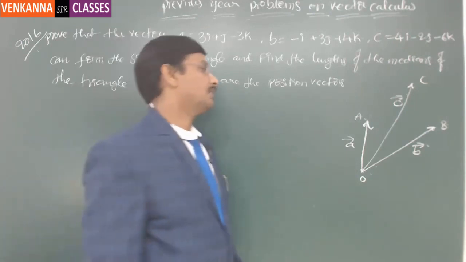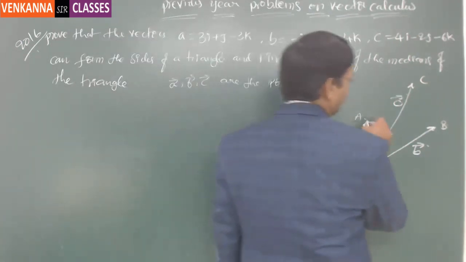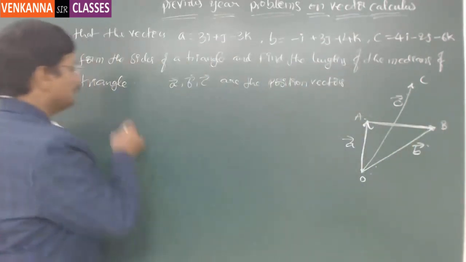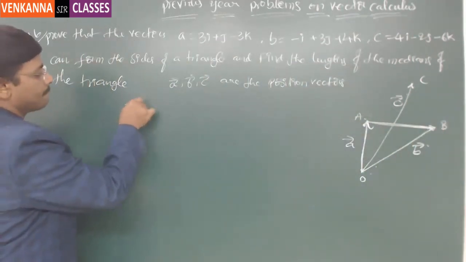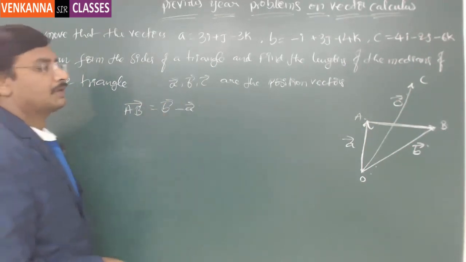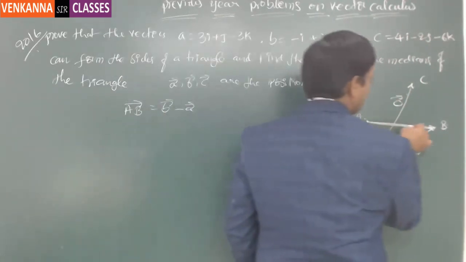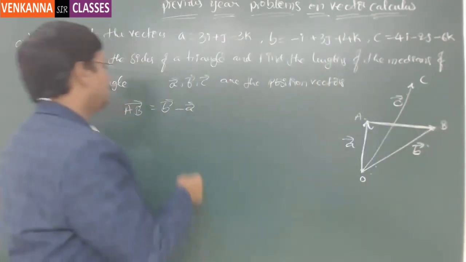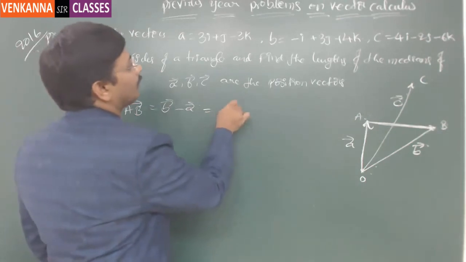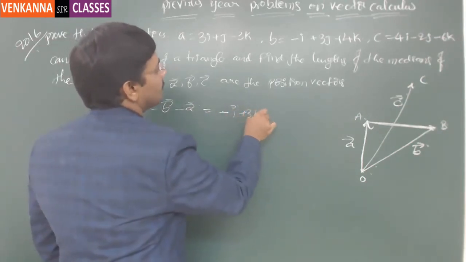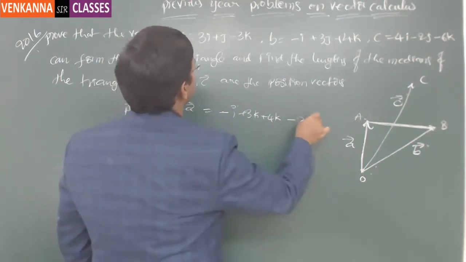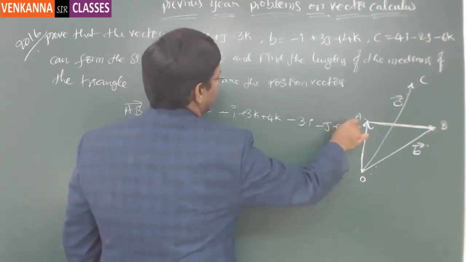Now if you want to find the vector AB, AB is equal to B minus A. So this value is going to be minus i plus 3j plus 4k minus 3i minus j plus 3k.